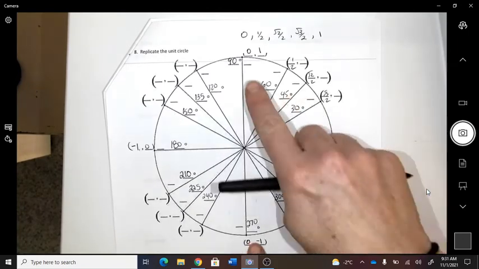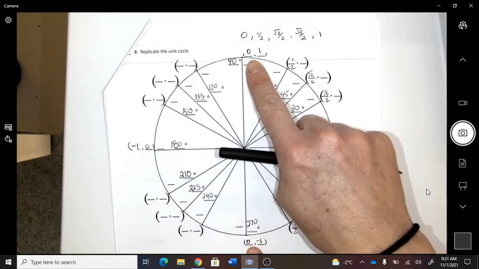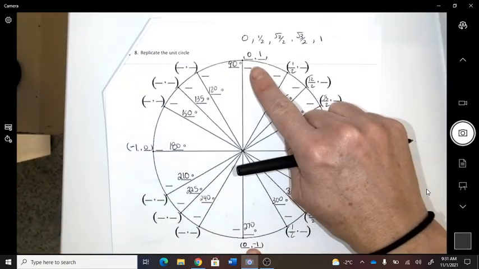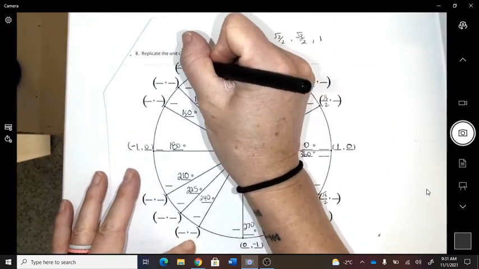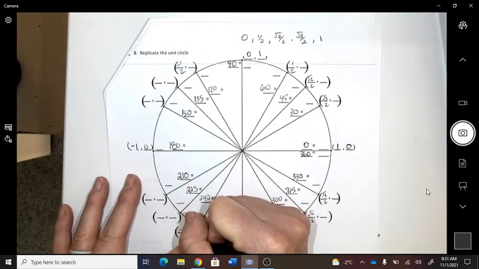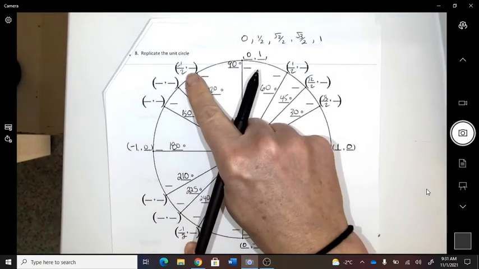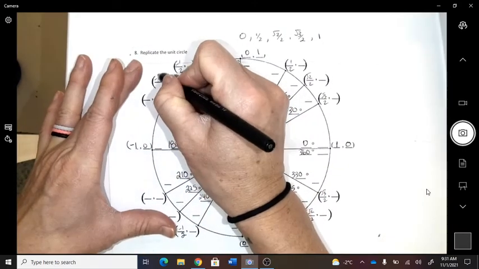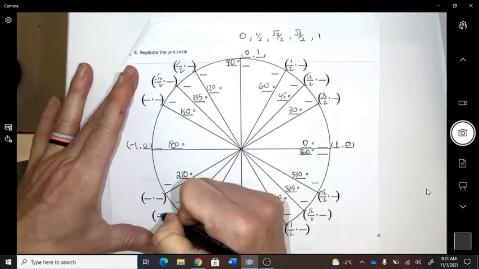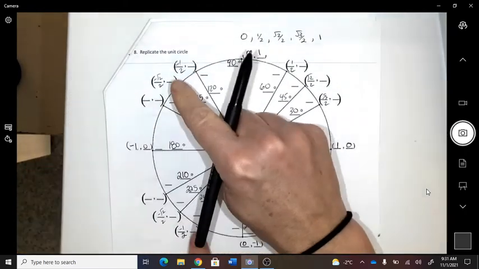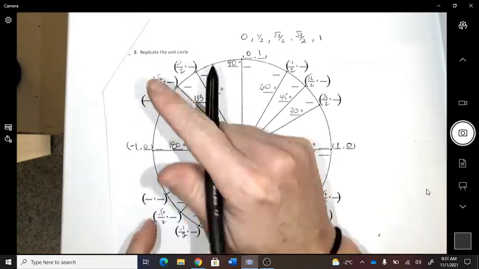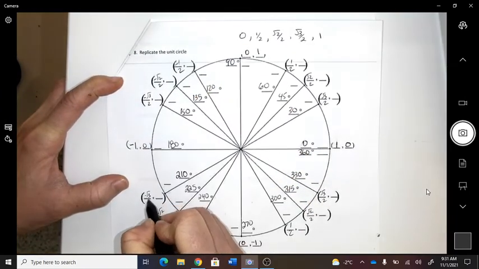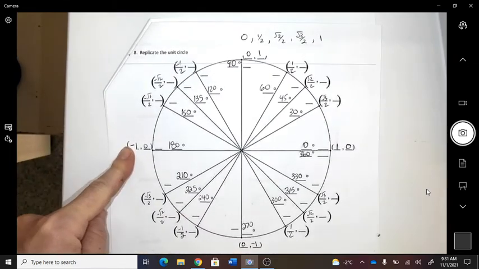Okay, I'm resetting back to the zeros. Now I'm going to move left, left, left, left. So left is -1/2. Negative root 2/2. Move left, negative root 3/2. And -1.